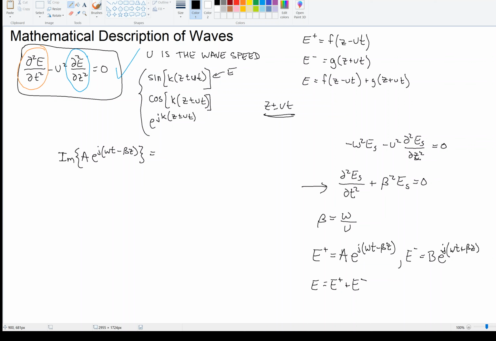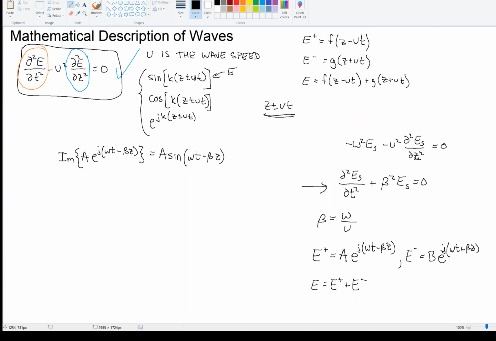Pause the video if you'd like. That is A times sine of omega t minus beta z. So don't forget that. We're using phasors as a shorthand to represent sines and cosines.